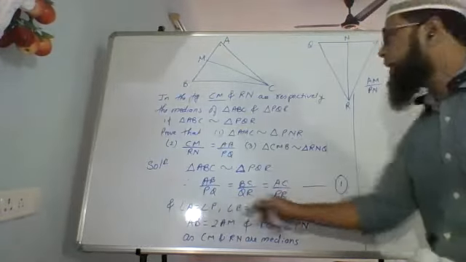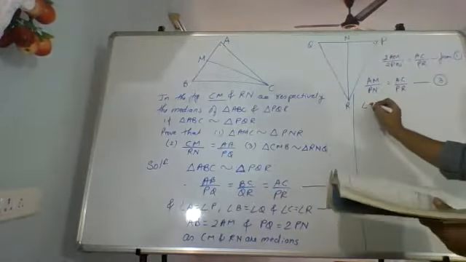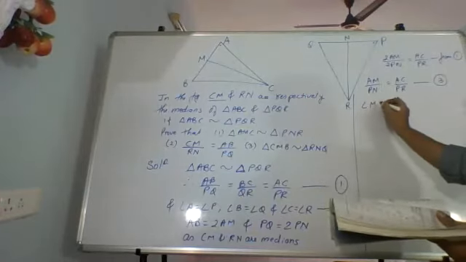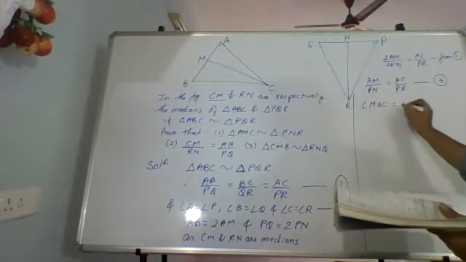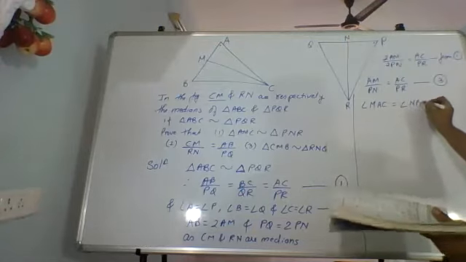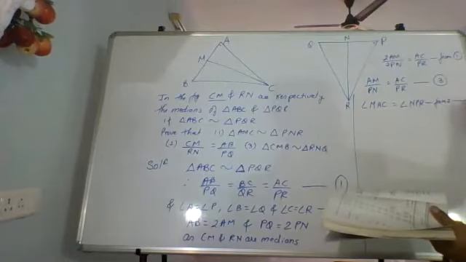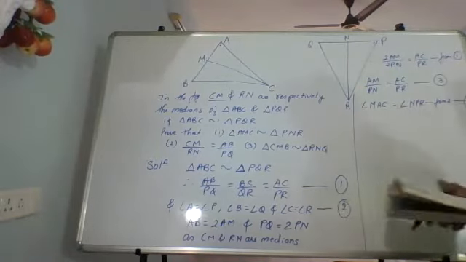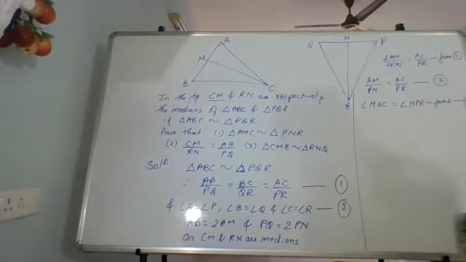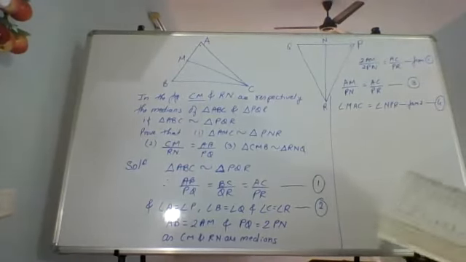Angle A and angle P are equal. Angle MAC is equal to angle NPR. This is from 2. Call this equation number 4.